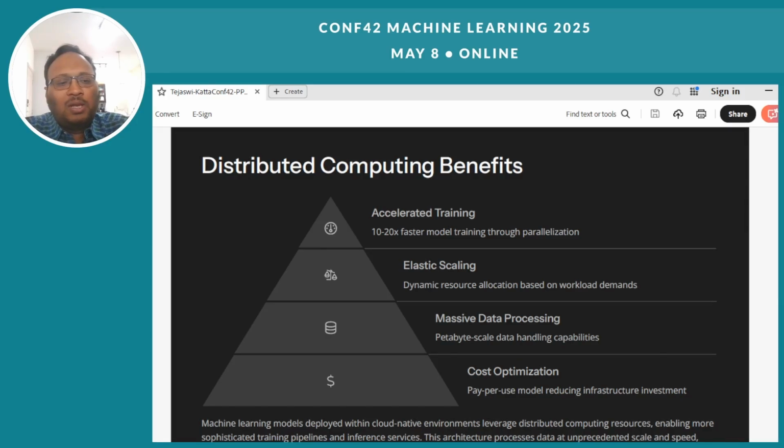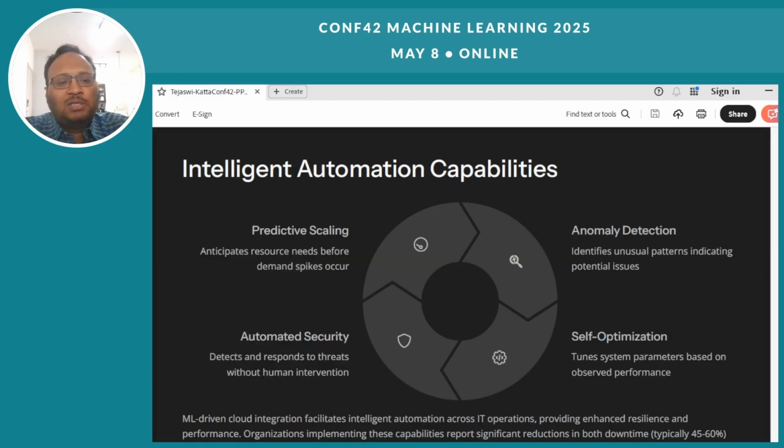So now let's look at the intelligent automation capabilities. ML-driven cloud integration powers intelligent automation across IT operations. With predictive scaling, systems can anticipate spikes before they occur. Self-optimization tunes parameters continuously based on performance data.